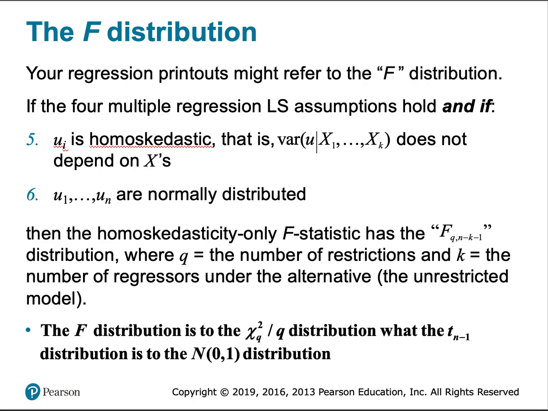The F(q, n minus k minus 1) distribution is different from the chi-squared over q distribution when the sample size is small. But when the sample size is large, then the F distribution is basically the same as the chi-squared over q distribution.